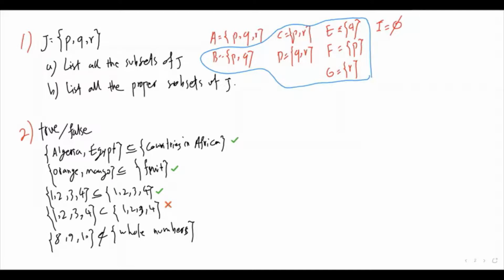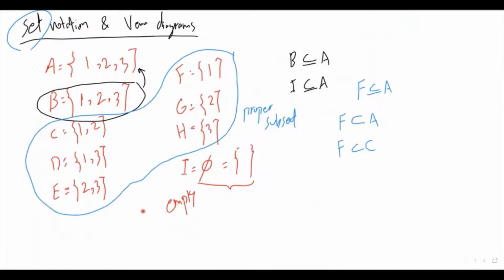Yeah, you can see that here as well. So these two, the empty set, right? The empty set and basically the set that contains all the elements of the original set, these two cannot be proper subsets. So 1, 2, 3, 4 cannot be a proper subset of 1, 2, 3, 4. On the previous example, same thing.